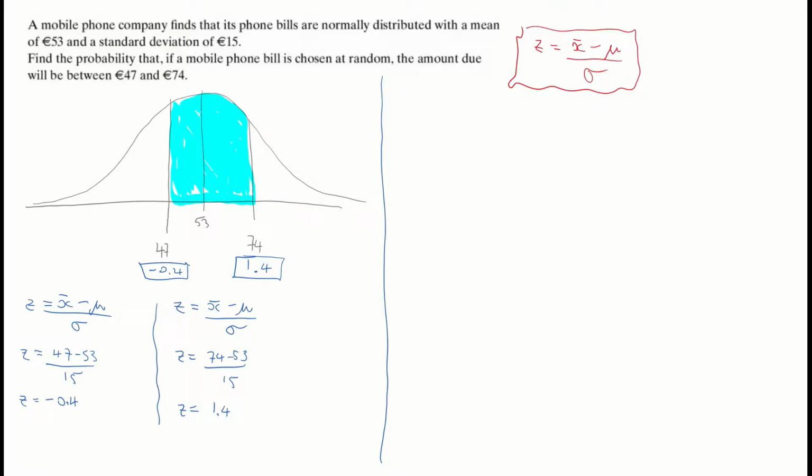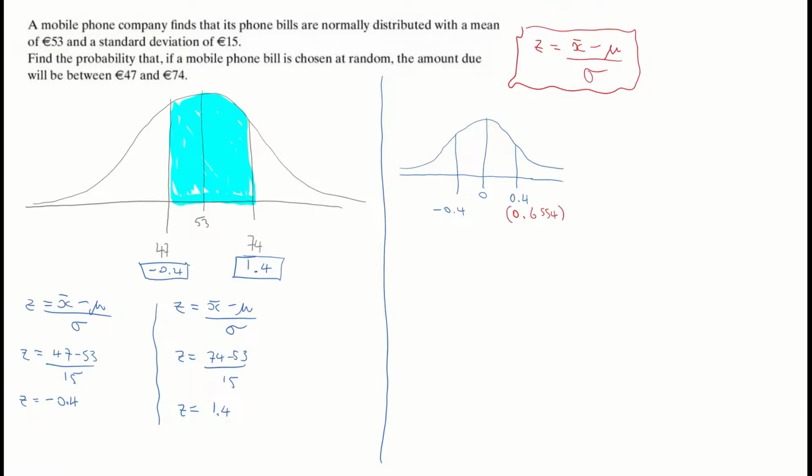So again, let's have a look at what that will look like now on individual bell curves. My first one here, if I was to sketch it, rough and ready, that would be 0, and I'm going back to negative 0.4. If I look up positive 0.4, because that's all I have in my log tables, it brings me to 0.6554.